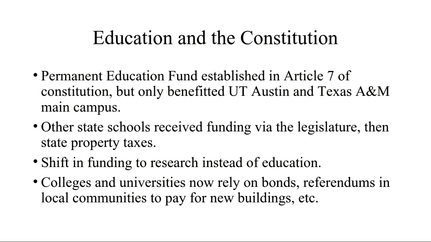So it's why a school like ours is going to have a much smaller operating budget compared to UTRGV. We just don't have as much money guaranteed coming to us. And of course, there's been a shift in funding towards research and not so much in education.